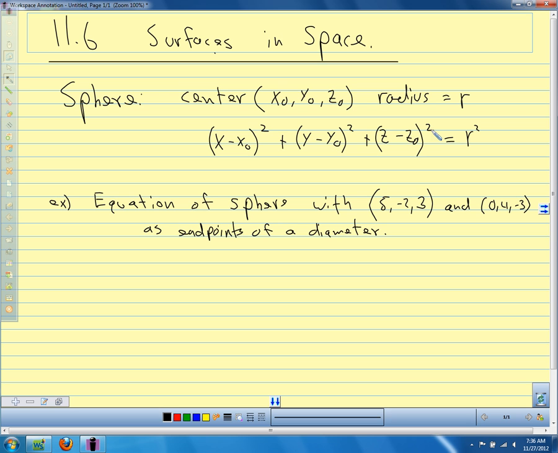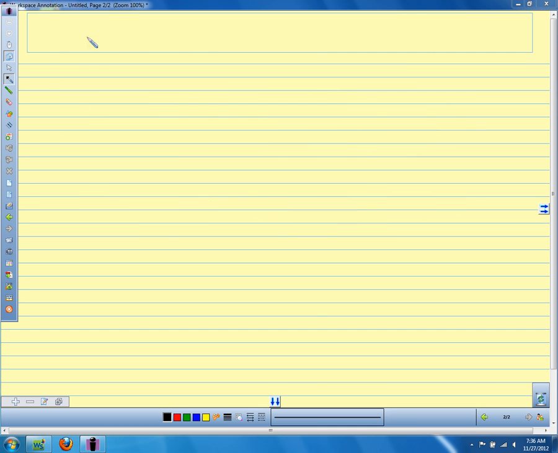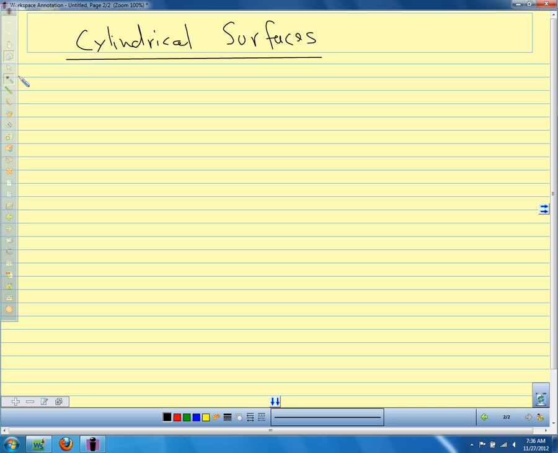Our second kind of surface in space is cylindrical surfaces. Just to backtrack a touch, we've talked about two surfaces so far.